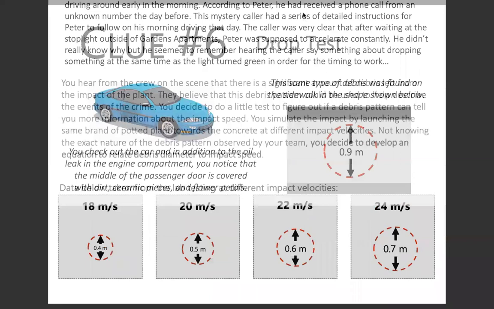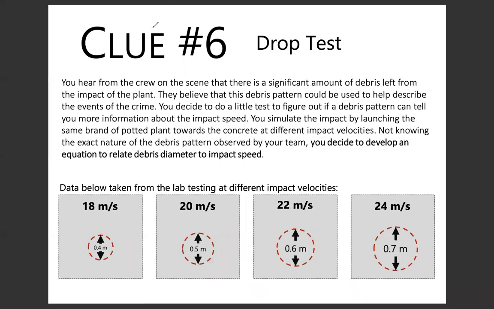So moving on to clue 6, we did a test to determine what impact velocities make certain debris fields. It doesn't tell us, but it says to develop an equation to relate diameter to impact speed.